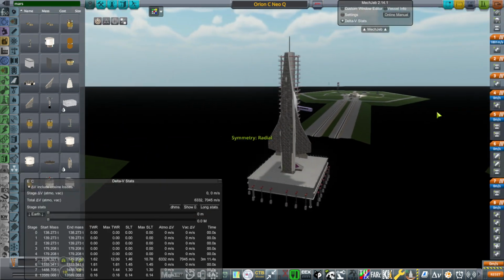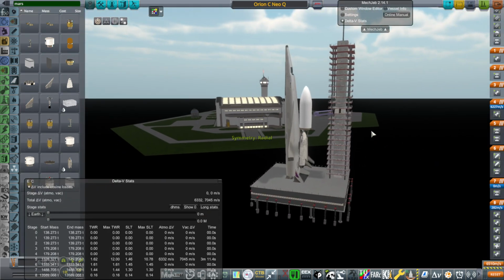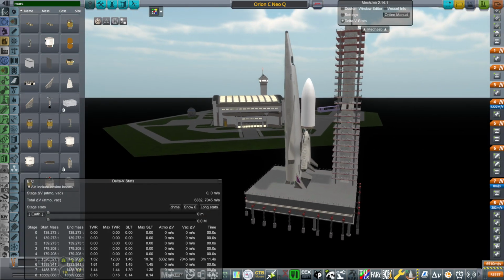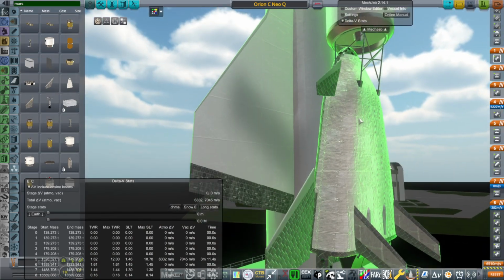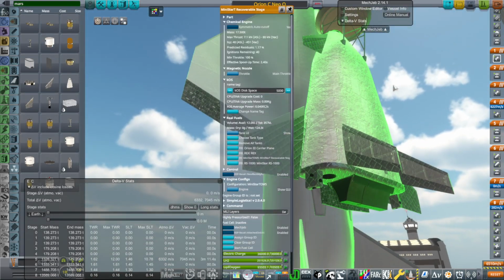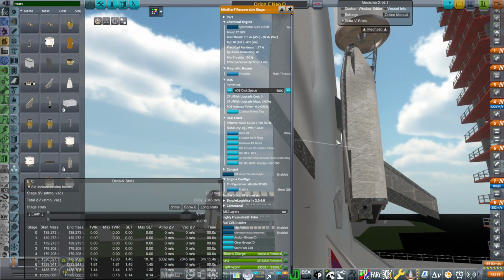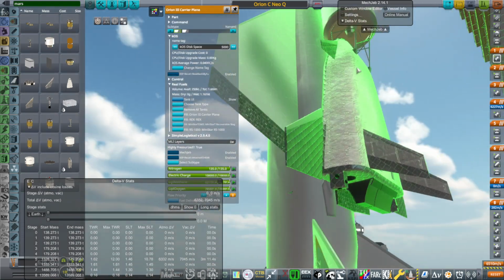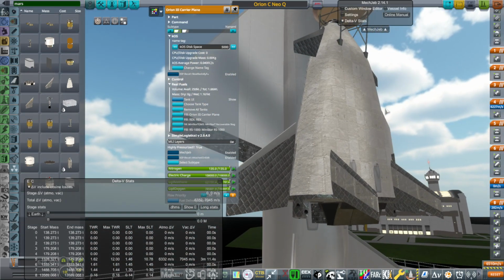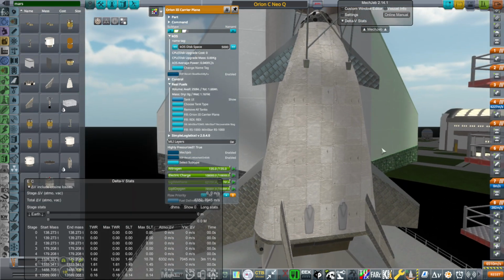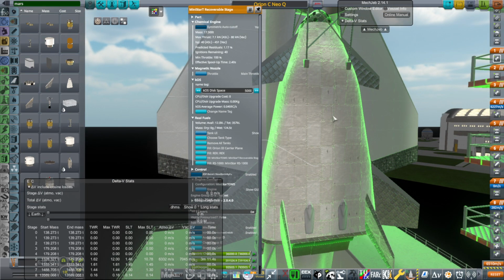However, after making Venture Star, I made a Venture Star replica. I decided that I could put a smaller version of Venture Star as a second stage on the Orion carrier plane, and I wouldn't have to rework the aerodynamics very much. So I did that. So this is the Mini Star.